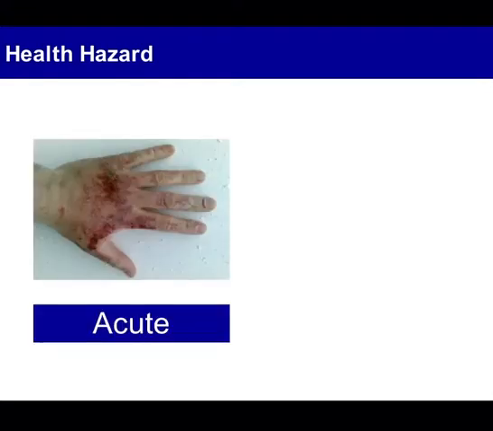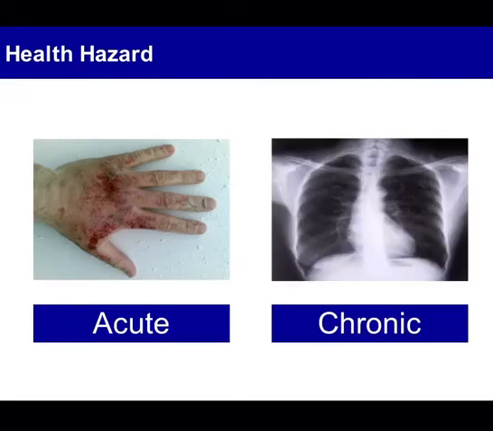Health hazards produce reactions within the body. Chemicals presenting health hazards can cause one to become ill. An acute health hazard results from a single, short-duration exposure to a chemical which produces an immediate ill response. A chronic health hazard results from frequent exposure over a longer period of time.